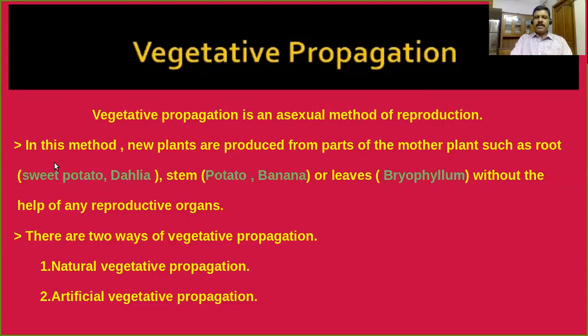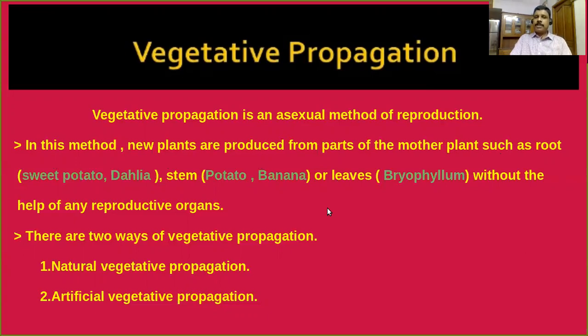Dear students, in this method, new plants are produced from parts of the mother plant such as roots, stem or leaves without the help of any reproductive organs. When you consider green plants, the flower is the reproductive organ.